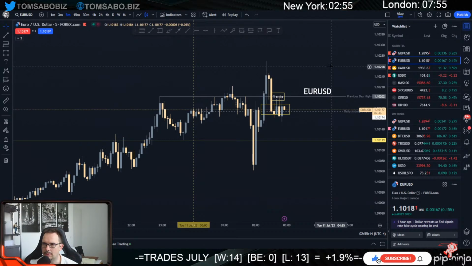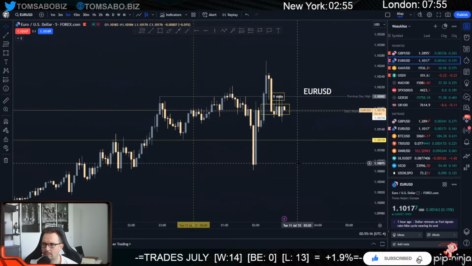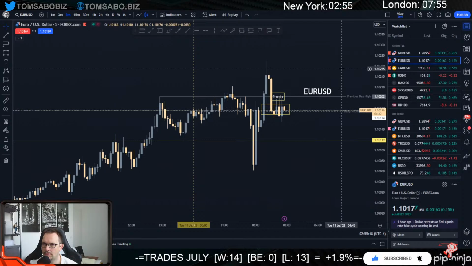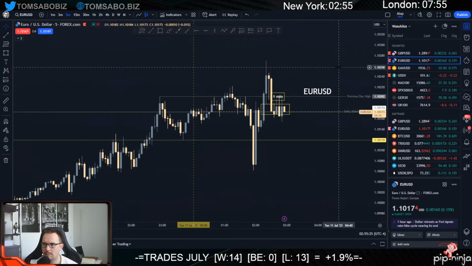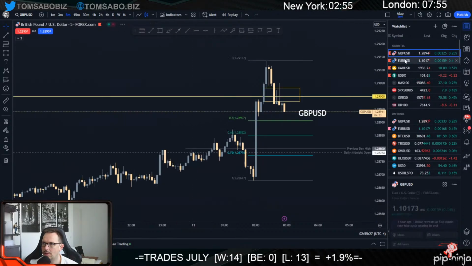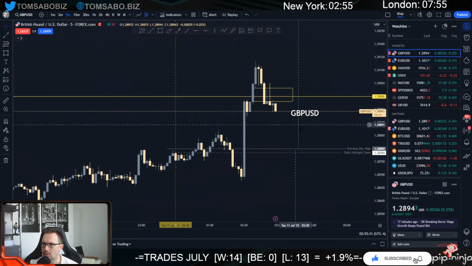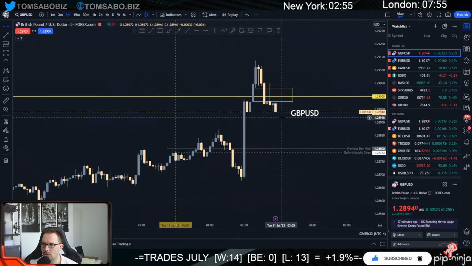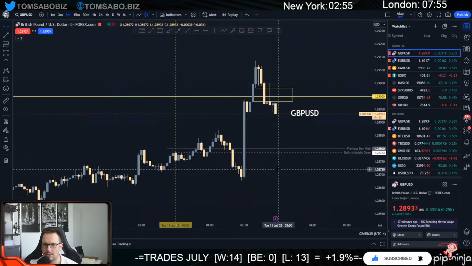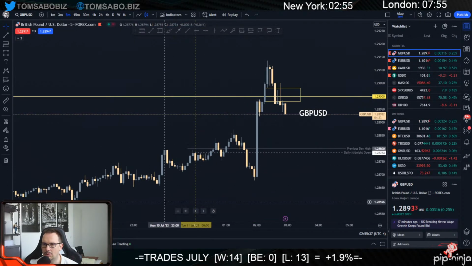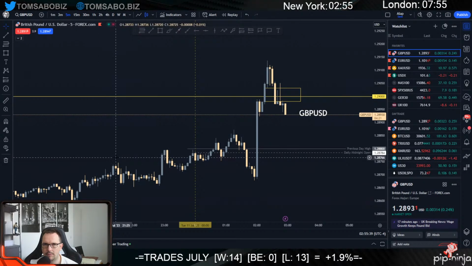It really tricked me. Pound still looks like it wants to go lower a little bit. Maybe if it should reprice this, then we would see a bullish order block right there.